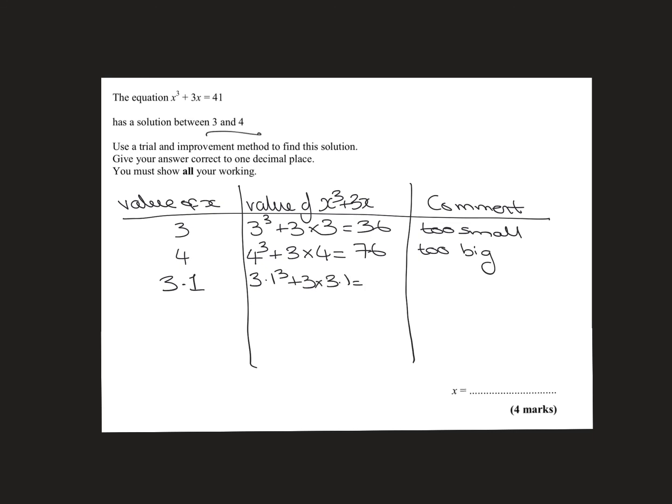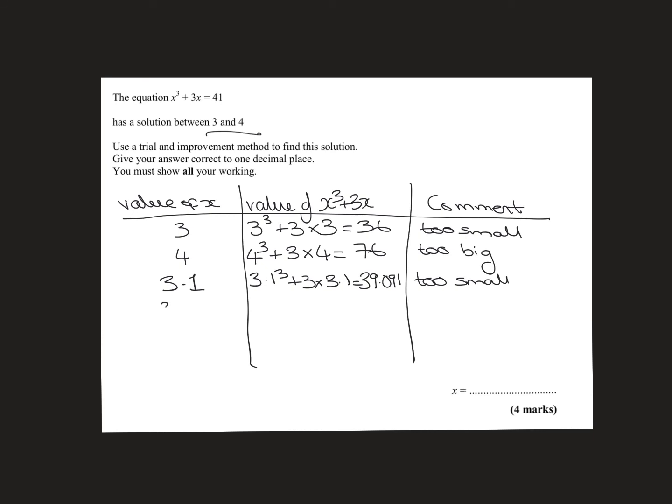I'll use my calculator for that. So 3.1 cubed plus 3 times by 3.1. And that is an answer of 39.091, which is too small.